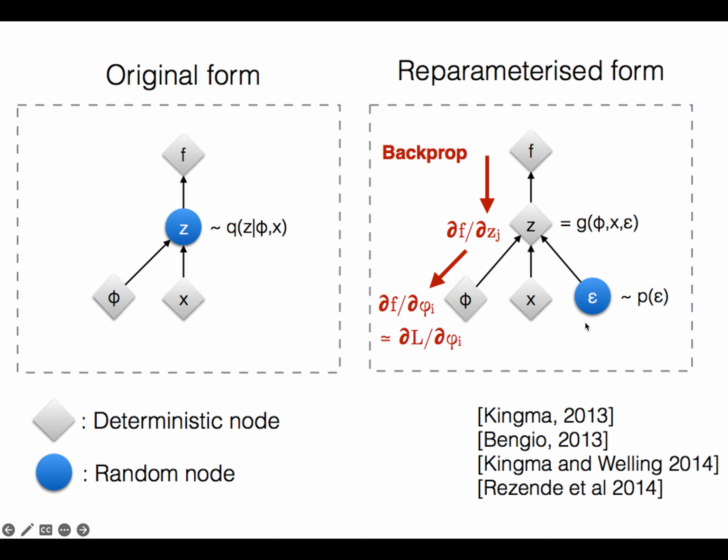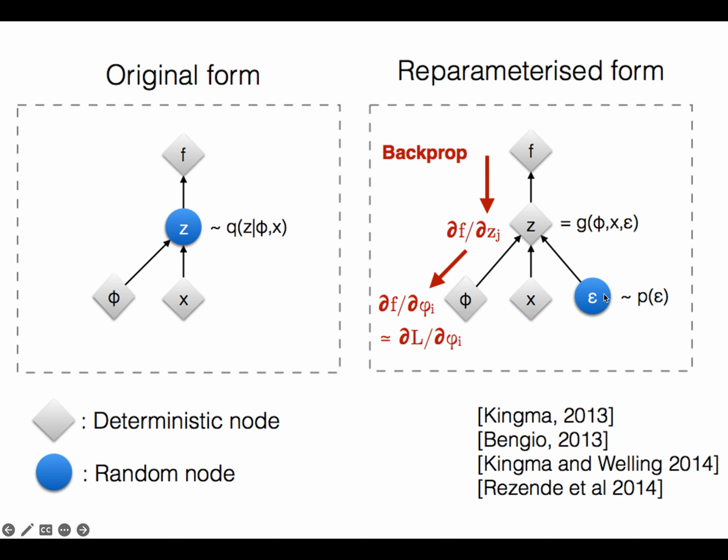However, if we reparameterize, so now we've got epsilon as this source of noise, and we're just adding on the mean and scaling by the variance to give us z, then we can see in the computational graph that we don't have this problem of trying to backpropagate through any node that is itself a random process.